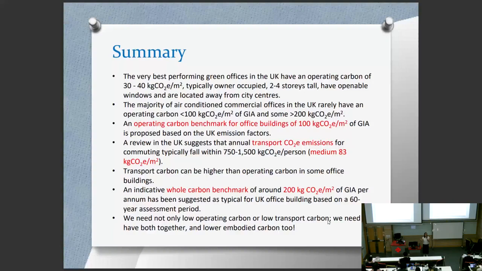I just want you to understand, if you really need to calculate the whole carbon footprint, what the calculation procedures are and what data you need. And very often, you will need to make some assumptions.